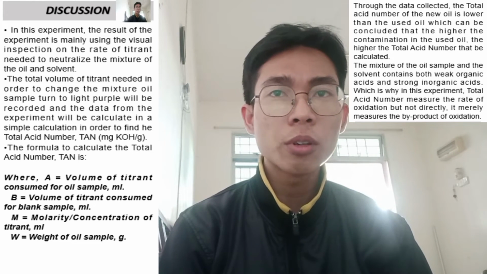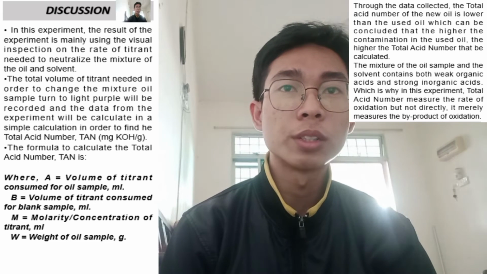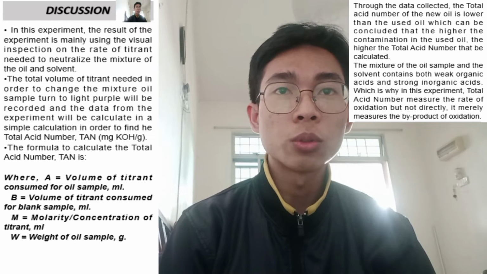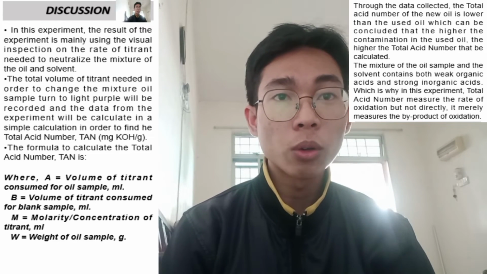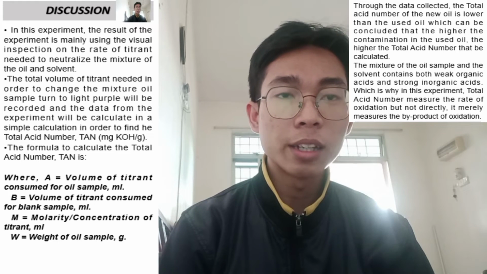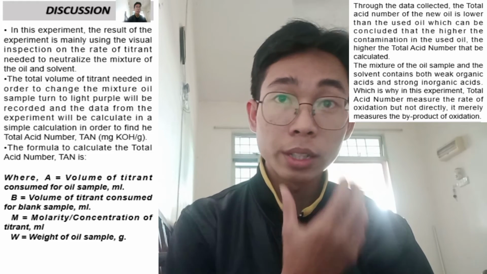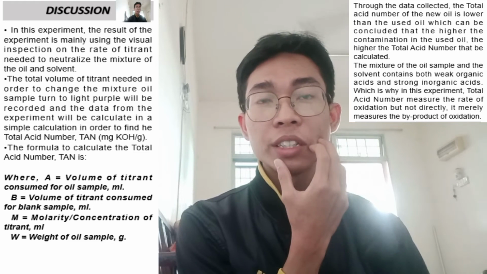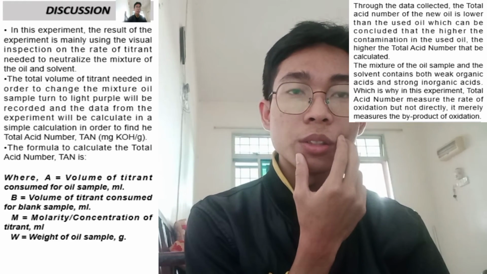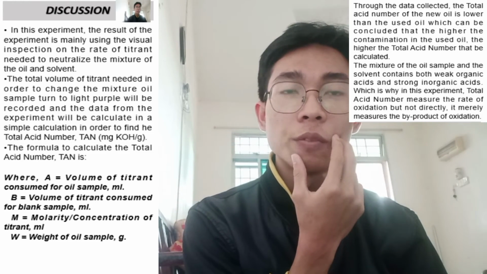Okay, the mixture of the oil sample and the solvent, and the oil contains weak organic acid and strong inorganic acid, which is why in this experiment we usually use visual inspection.